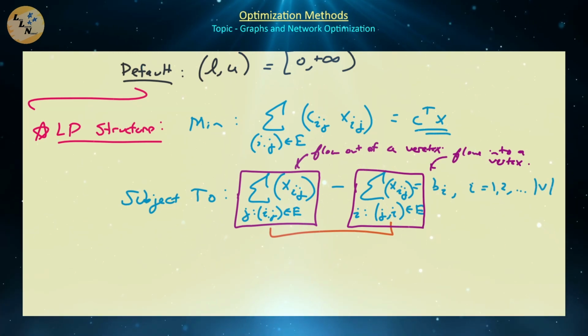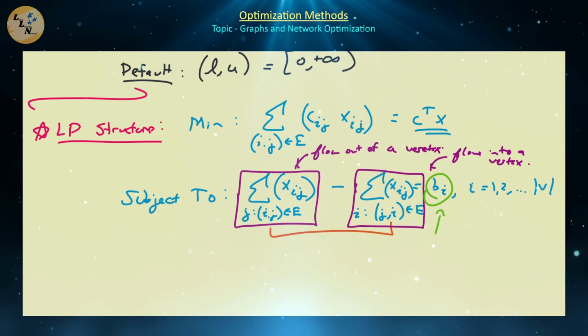So, for example, if we think about the transfer nodes, we know that the bi should be equal to 0. So the flow out minus the flow in should balance out to 0 because the flow in and the flow out should be equal to each other. If we think about this from the supply node, remember the supply node bi is a positive number. So the flow out minus the flow in, you shouldn't have anything flowing into a supply node because the supply node has no demand.